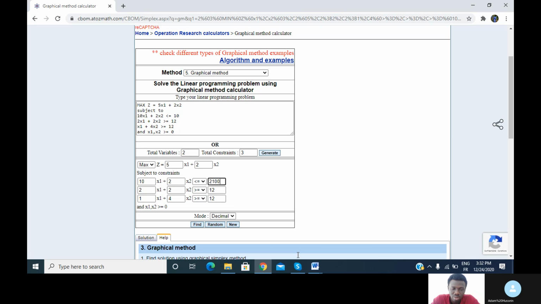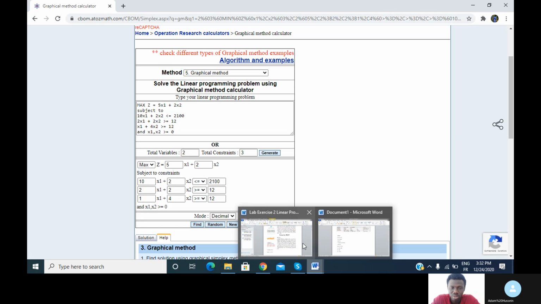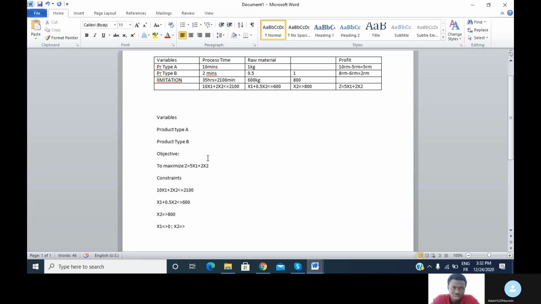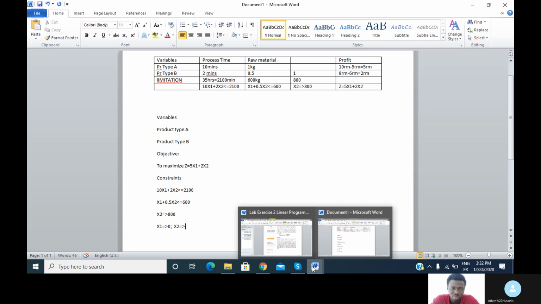This is the second constraint. The raw material is 1 x1 plus 0.5 x2 less than or equal to 600 kg.